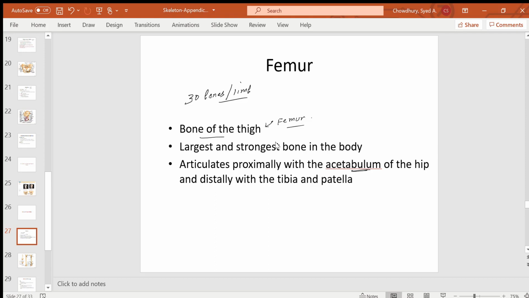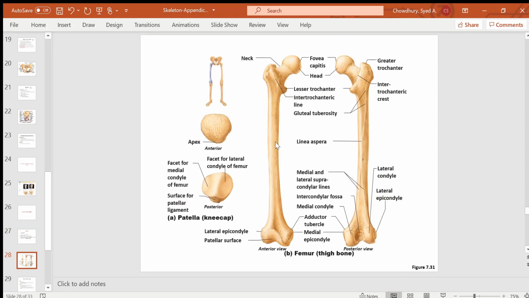And the lower end of the femur articulates with the tibia and patella to form the knee joint. So the lower end of the femur forms the knee joint and the upper end forms the hip joint. So this is a femur.